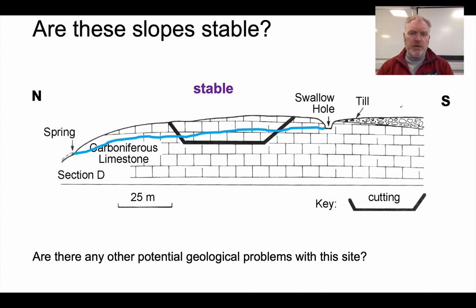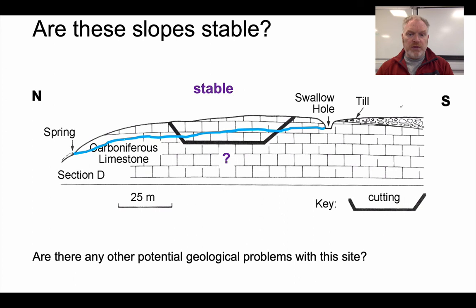Another potential issue with any engineering work done in limestone or other carbonate rock areas is the potential for cavities, for void spaces, or caves if you prefer. If we've got water passing through the limestone here, there's a good chance that that water has been dissolving limestone, expanding the bedding planes and the joints, making cave passages.